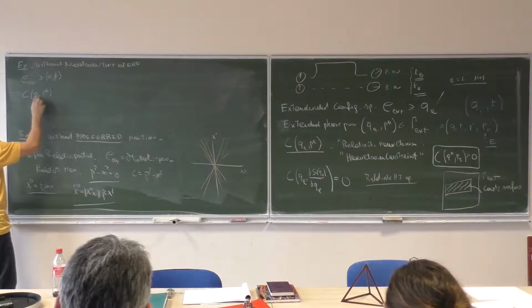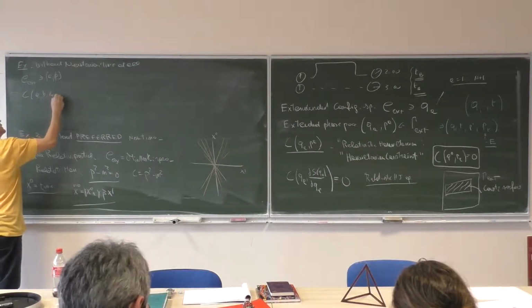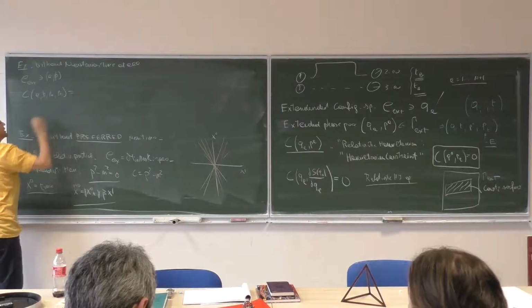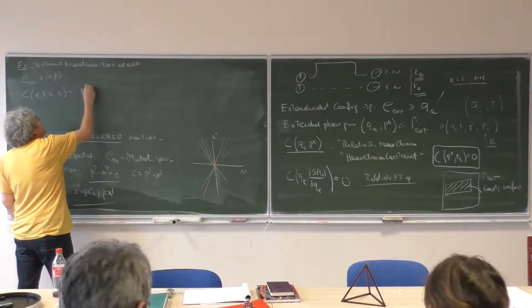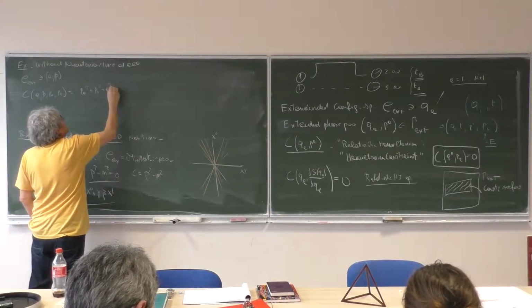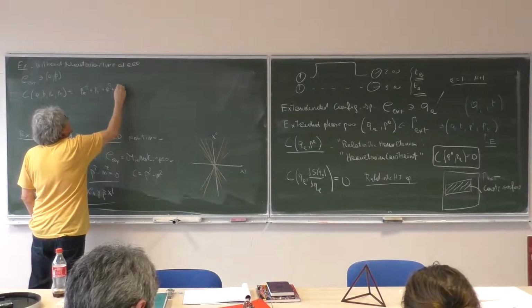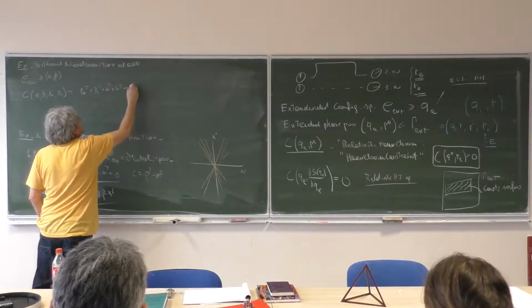So let me do explicitly A, B, PA, and PB. And it's the following one: PA square plus PB square plus A square plus B square minus a constant. Let me call the constant E.